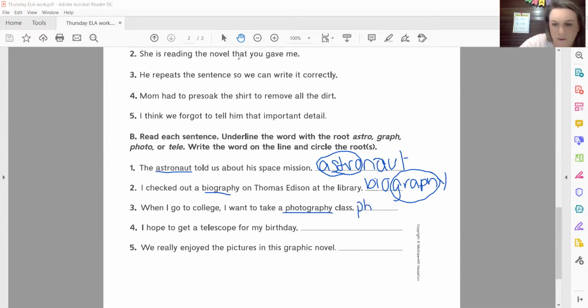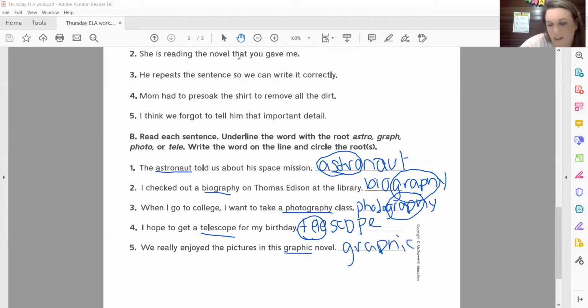So, photography, and you circle graph. Telescope. And the Latin or Greek word was tele. And then we had the word graphic. And again, in graphic, the Greek word was graph.